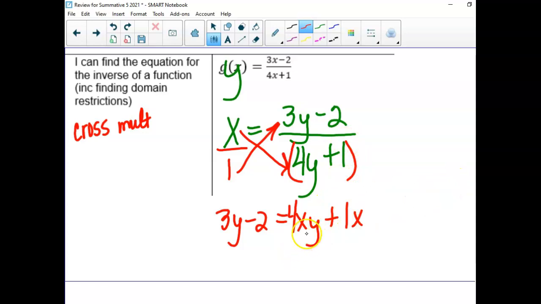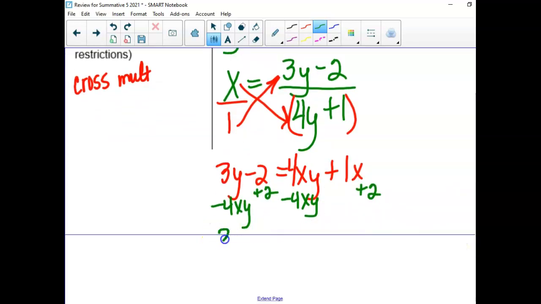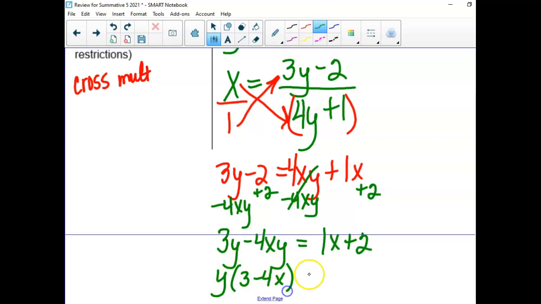Okay. We need to move everything with a y to one side and everything without a y to the other side. So I get 3y minus 4xy equals over here 1x plus 2, or just x plus 2. We're almost done. We take out a y, that leaves 3 minus 4x.